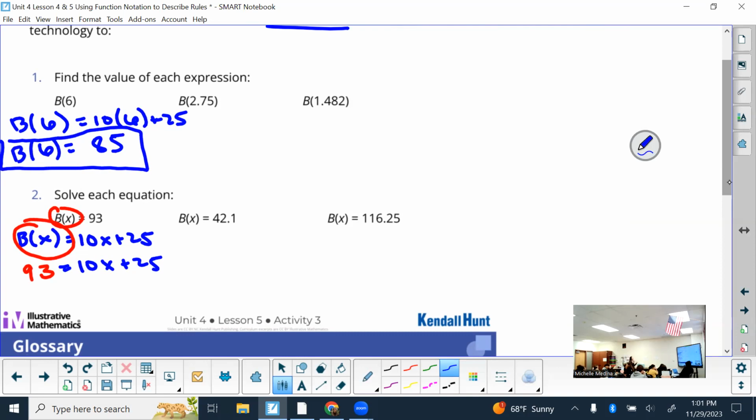All right, let's see who remembers. When we solve for X, we start with what's farther. Do I need to get rid of the 10 or the 25 first? How do I cancel it? Good. What's 93 minus 25?